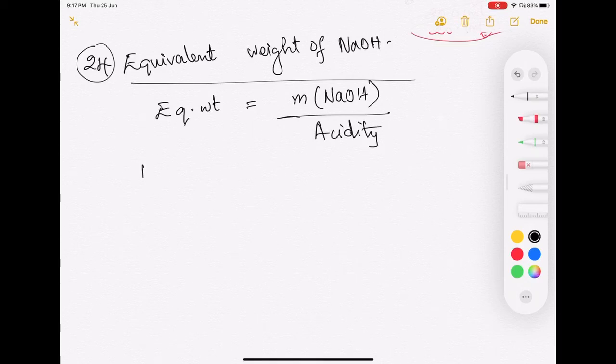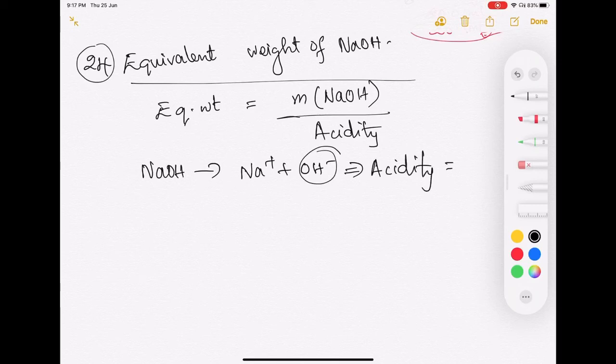Acidity we know, sodium hydroxide can ionize to form sodium ions and OH minus ions. So how many OH minus ions are produced? This is 1. So 1 OH minus means its acidity is 1. So I can write equivalent weight is the same as molar mass of sodium hydroxide divided by 1.